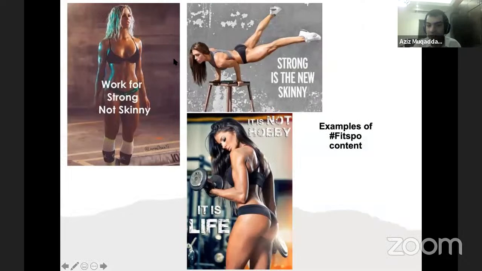So this is what Fitspo content looks like. It would basically be images of women who are extremely fit, sometimes accompanied by messages like "strong is the new skinny," things like that, right? So maybe you've seen something like this before.